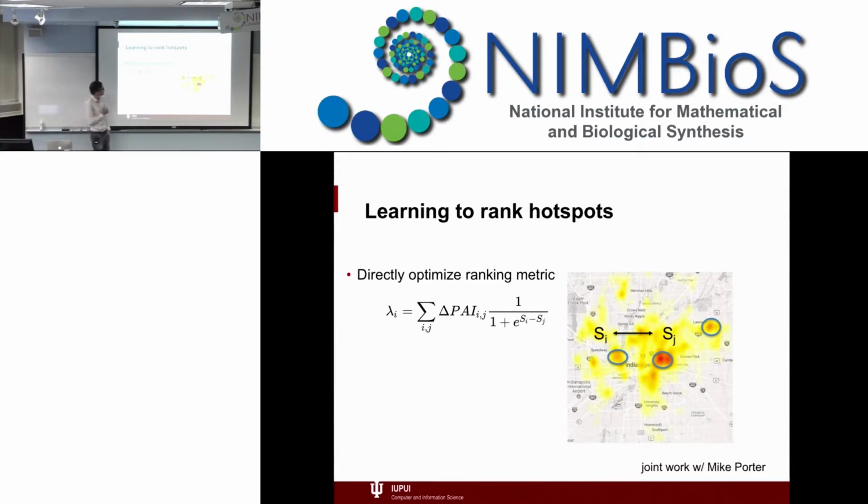Now, for every pair of hotspots, I and J, you swap their ranking, and you look at the change in the PAI, or the crime concentration, that you get when you change that ranking. You get a delta in the ranking here, and then you multiply that by this logistic function, which adds a margin to your model empirically so that it generalizes to new data better.